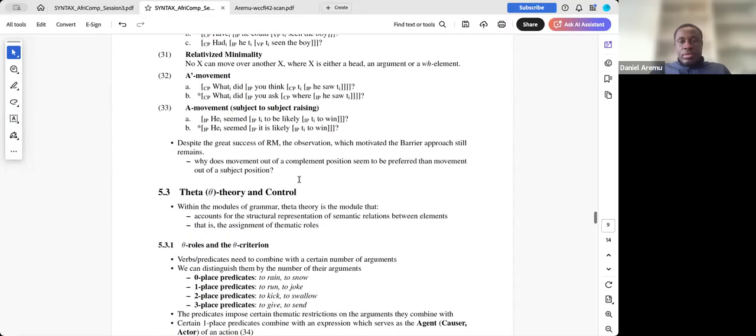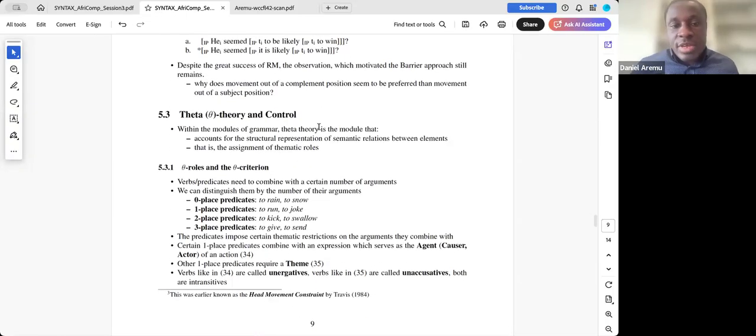Can you unmute yourself and just say something about any of the binding principles, and then give an example? Anyone? Principle A, principle B, principle C. Can anyone just pick one of those principles and say one or two things?